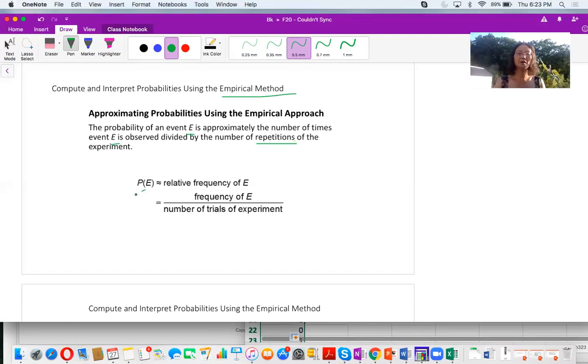So use the formula: the probability of E is approximately equal to the relative frequency of E. And remember, how do you calculate relative frequency? You use frequency divided by the total number.